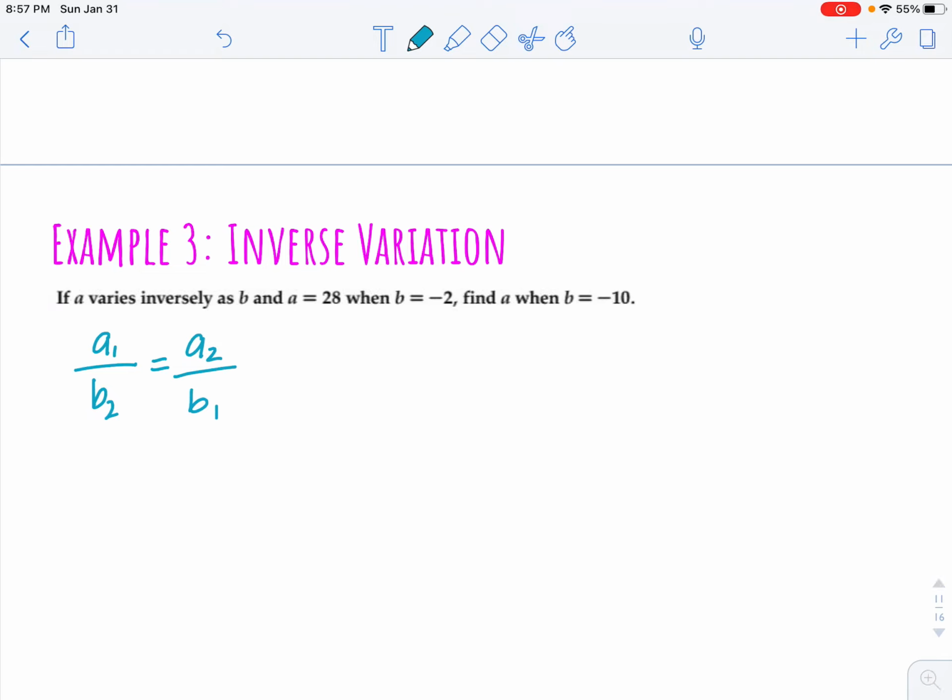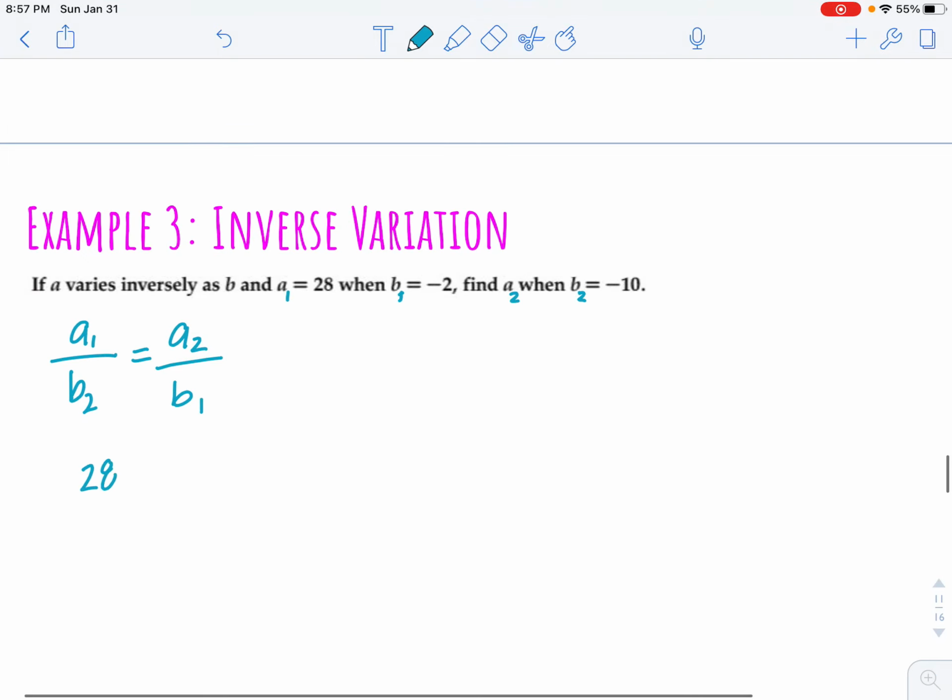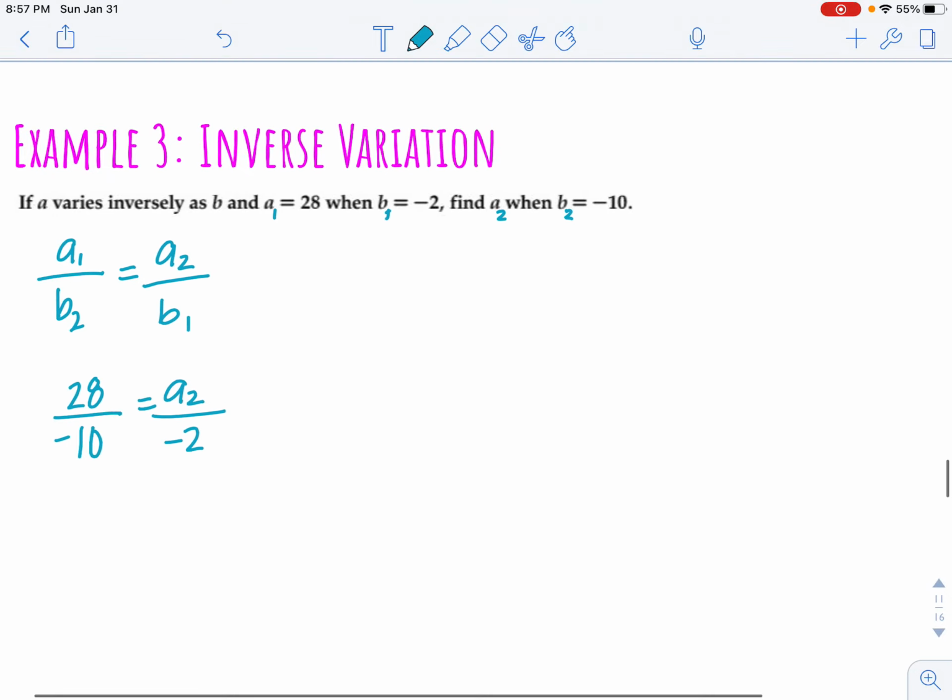So again, we could have a1, b1, a2, b2. So a1 is 28 over b2, which is -10, equals a2, which we don't know, over -2.